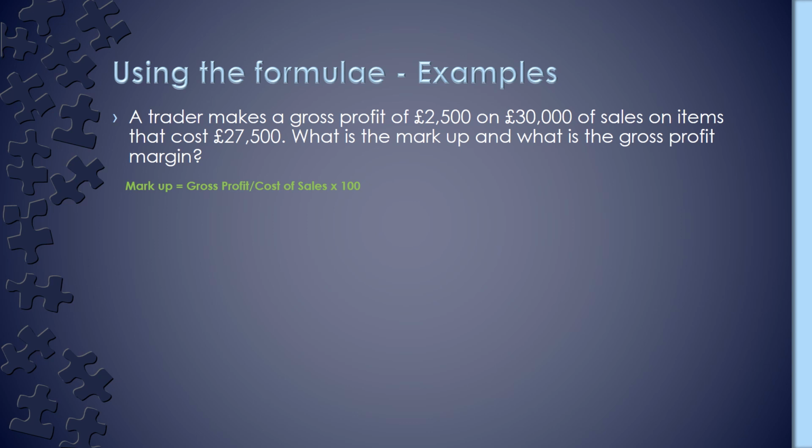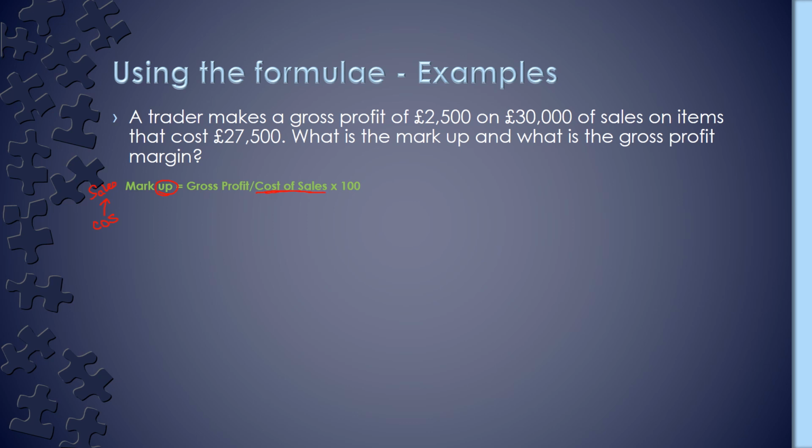So first of all, let's bring up the markup formula. Your markup, there's your key word, because you're going to be going up. So you're going up to the selling price from your cost of sales, so you're going to be basing it on your cost of sales price.